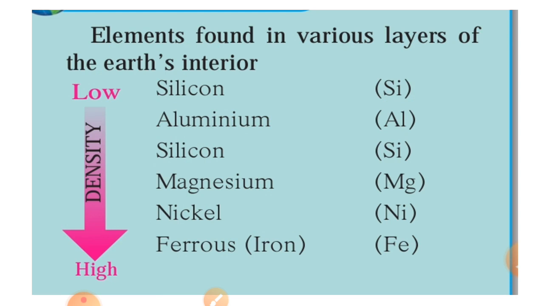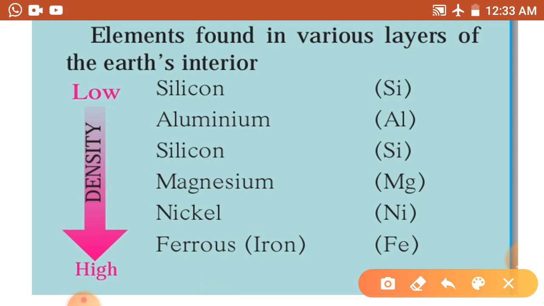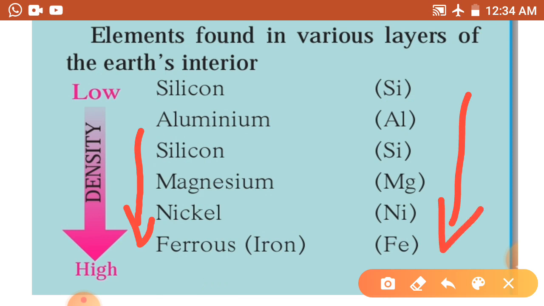Students, here as we move toward the surface of the earth, we can find the density decreases. In the same way, as we move toward the center of the earth, we can find the temperature increases.